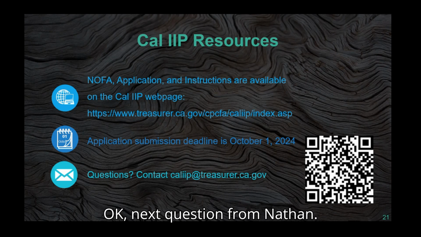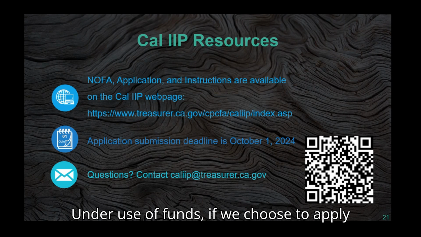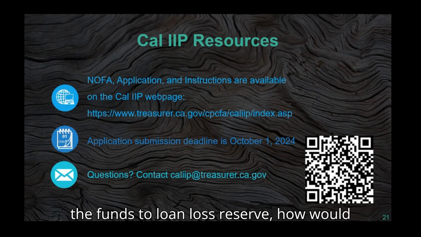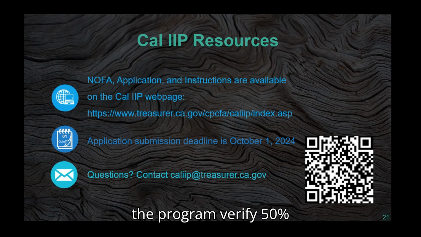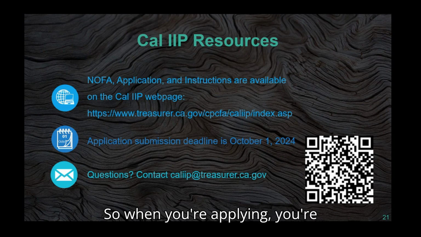Okay, next question from Nathan. Under use of funds, if we choose to apply the funds to loan loss reserve, how would the program verify 50% expended or committed in our financial reporting? So when you're applying, you're certifying that that information is correct.